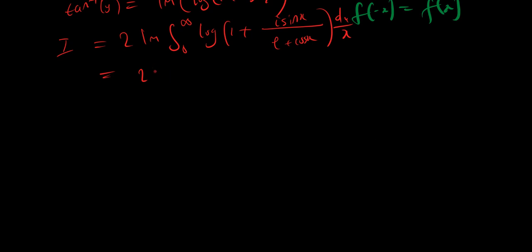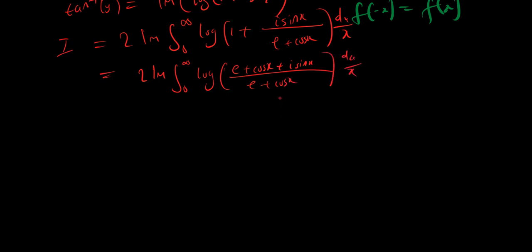So this will be twice the imaginary part of the integral from 0 to infinity of the logarithm. Now we can write this as logarithm of e plus cosine of x plus i sine of x all divided by e plus cosine of x, dx over x. So let's draw some lines.